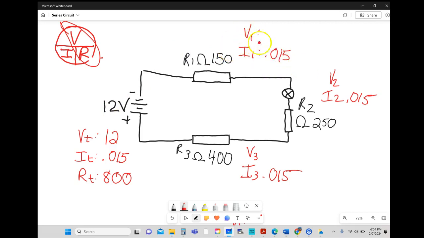Okay, so let's go ahead and check this first one. If my resistor is 150 ohms, my current is 0.015, and I'm trying to solve for this, what do I do? I just simply cover that up. What am I covering up?